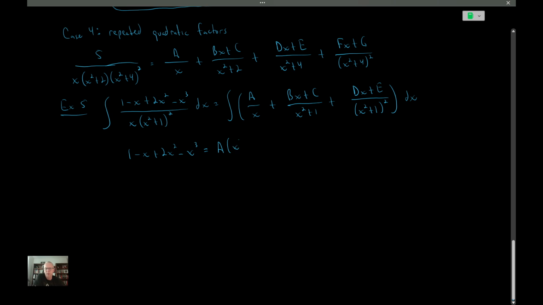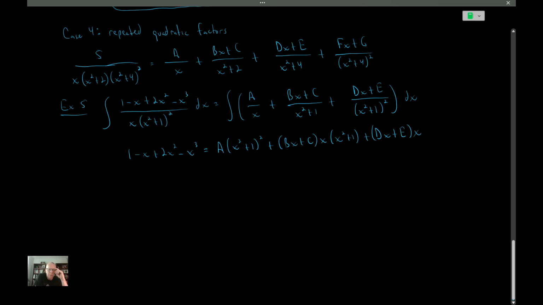So in this case, we have A times x squared plus 1 squared plus Bx plus C times x times, now we're missing an x squared plus 1 there, and then plus Dx plus E times x.